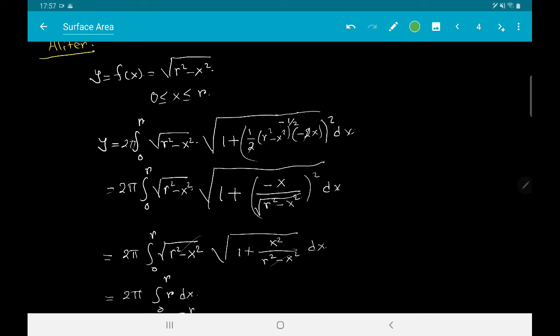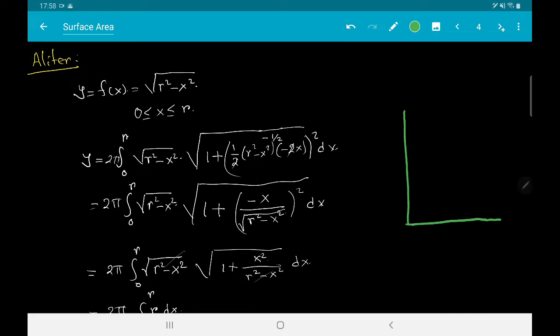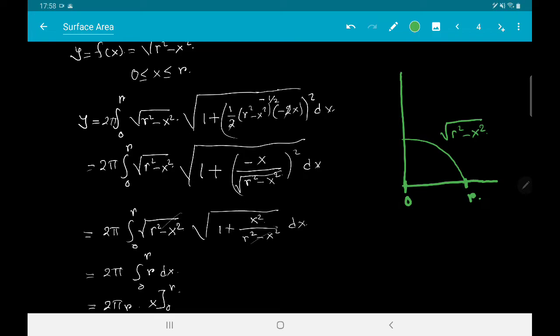So what do I do here? I take y equal to f(x). This is my y-axis, this is my x-axis, and suppose that this is 0, and this is r, and I take this function y equals the square root of r square minus x square.